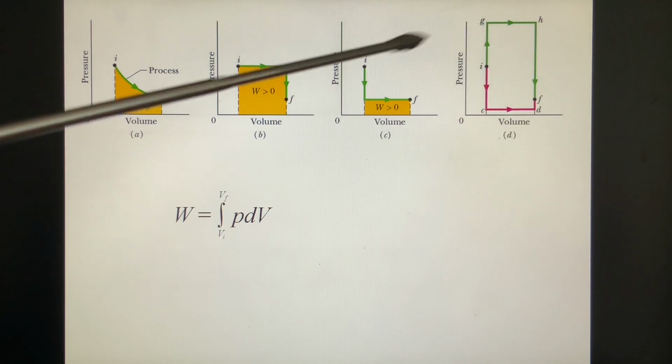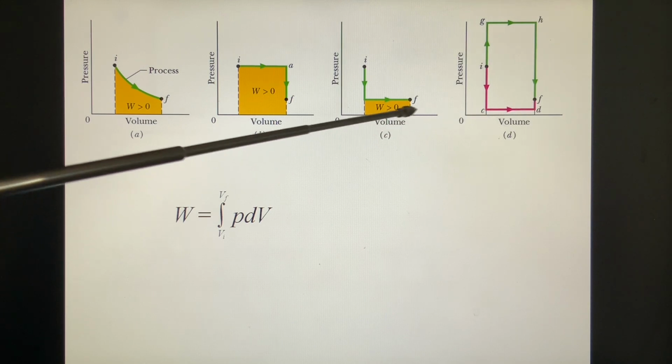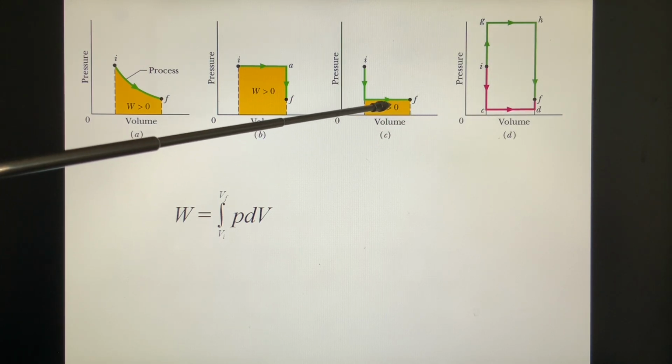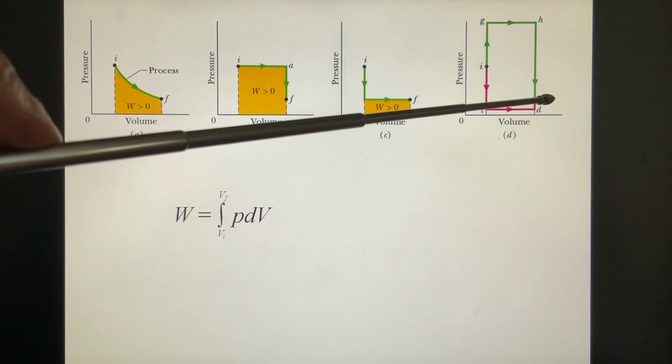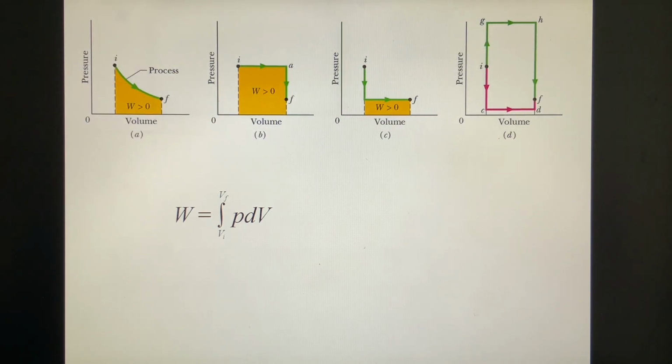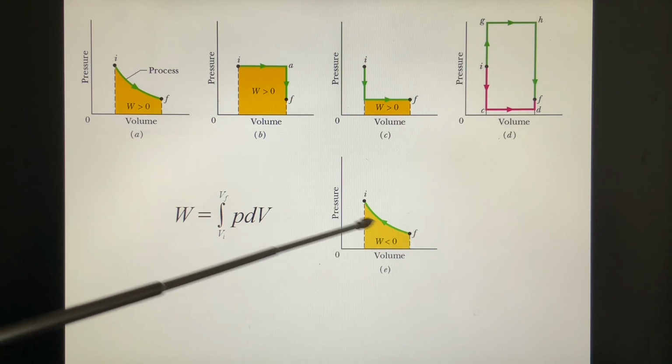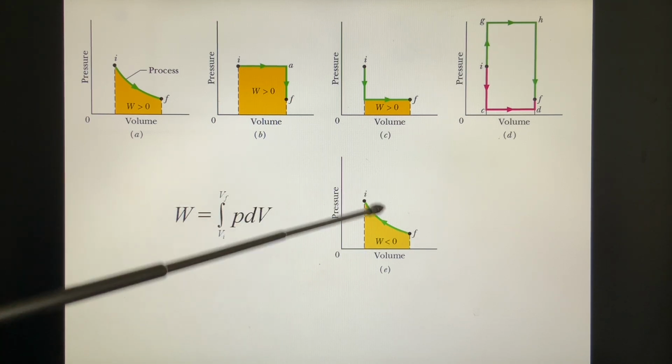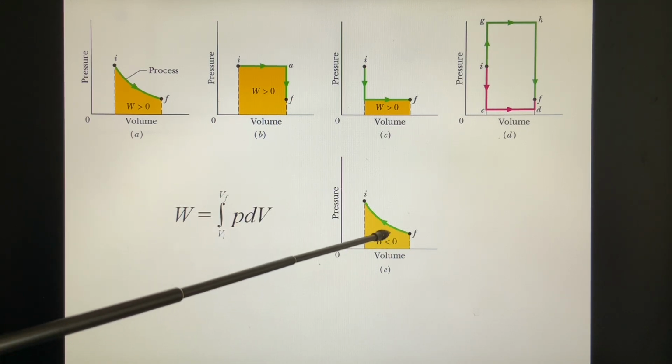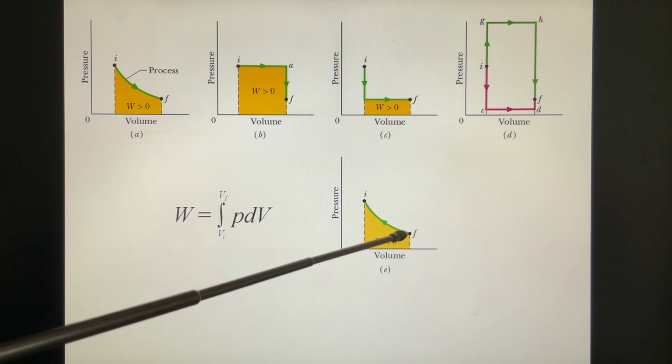We can go this way to make it as small as possible, and we can go this way to make it as large as possible. If we go in the opposite direction, we know from mathematics this is a negative area, a negative number.